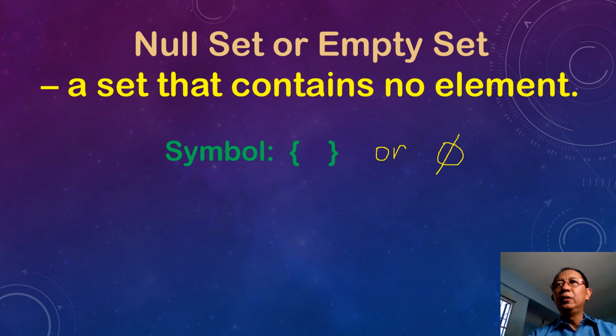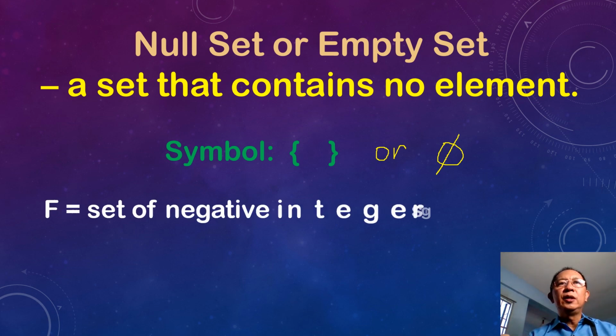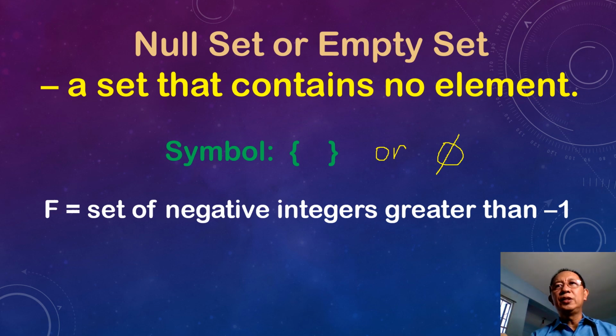So example, set F is a set of negative integers greater than negative 1. So there is no integer greater than negative 1. So negative 1 is the largest negative integer.